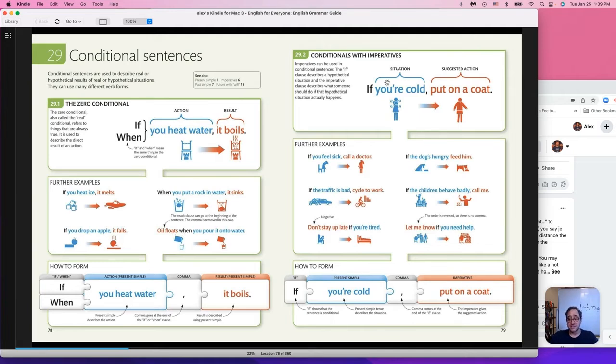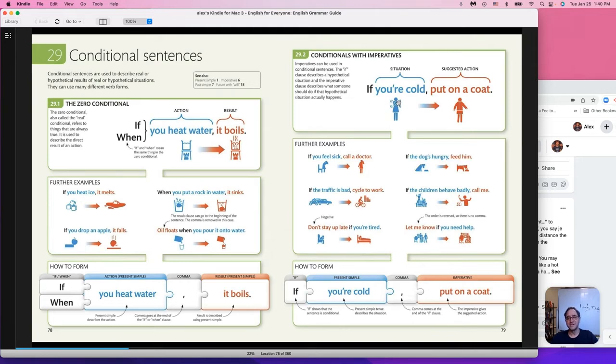Okay, let's look at conditionals with imperatives. Imperatives can be used in conditional sentences. Imperatives are do this, go to work. I'm telling you to do it. Conditionals with imperatives. If you are cold, put on a coat. So this is not a zero conditional.